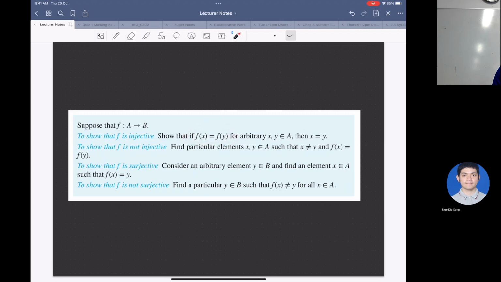Then you need to show that the pre-image is the same. To show that it is not injective, you just need to take the negation. So the sentence is: for every x, y, if f(x) equals f(y), then x equals y.